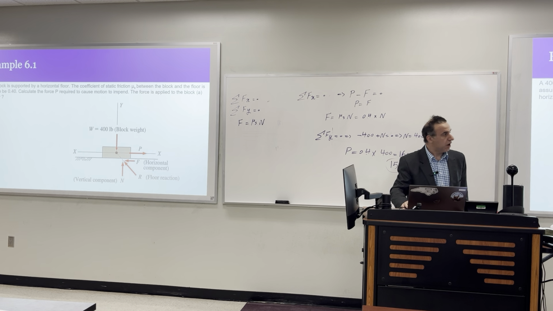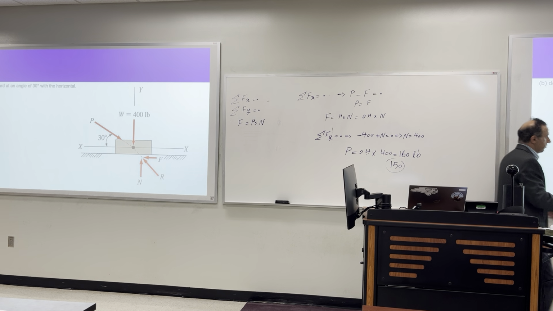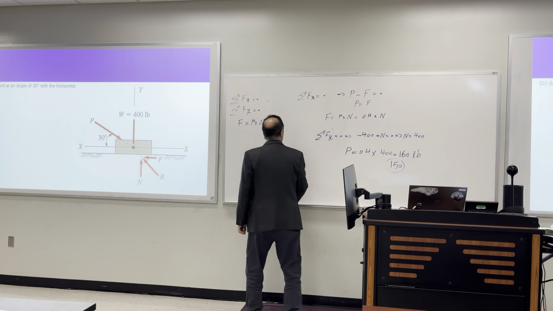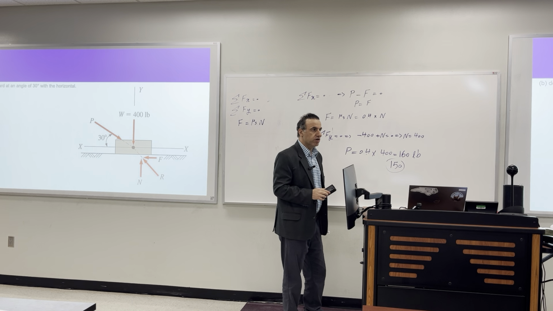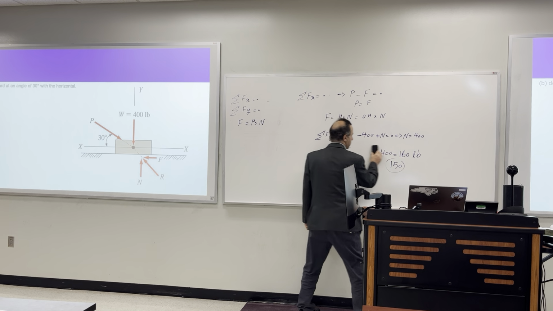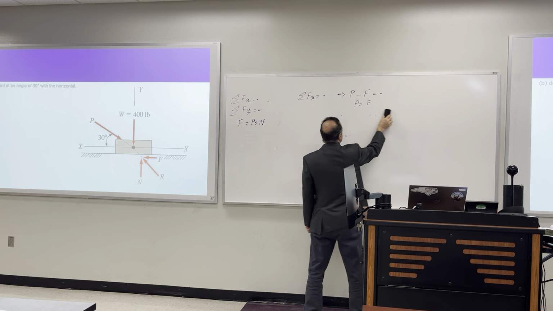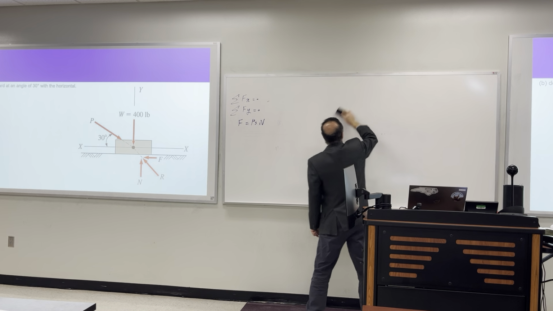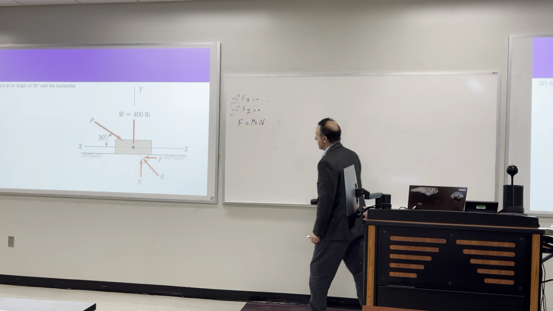But how about a scenario where we have an angle? In that condition, your N will be impacted. The perpendicular force will be impacted. Because that is impacted, the friction force will be changed too, because friction is a function of the perpendicular force.